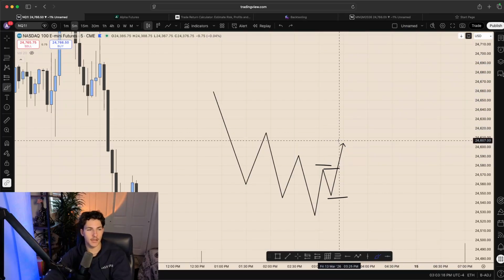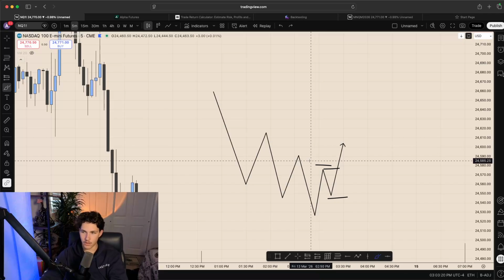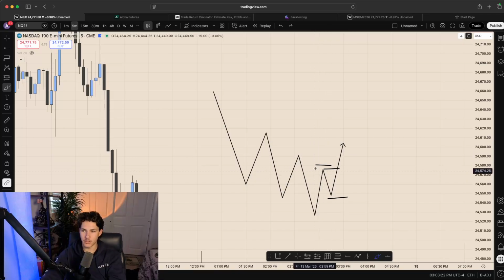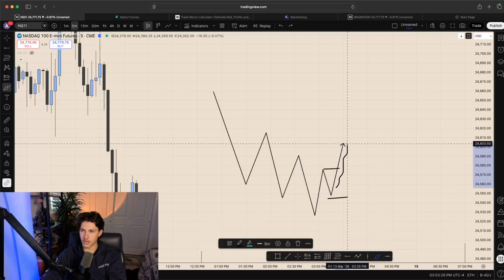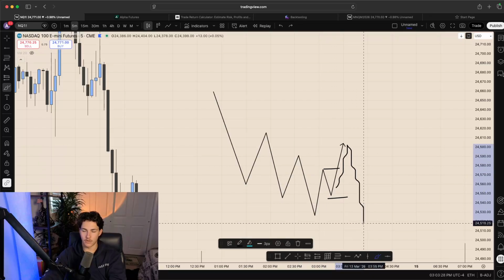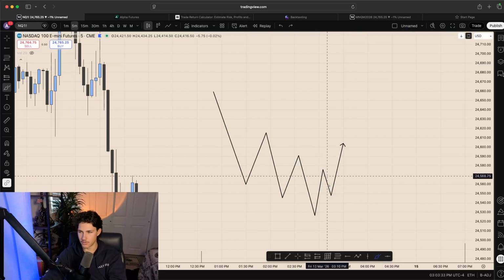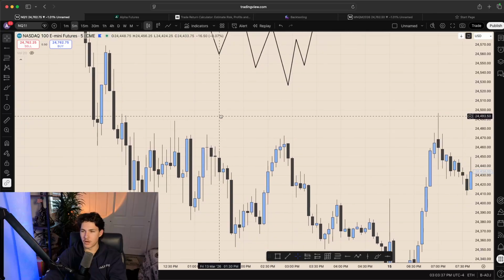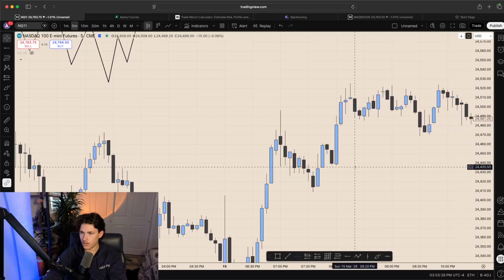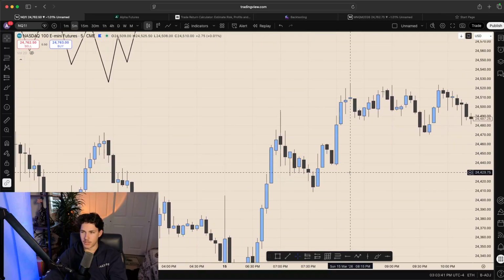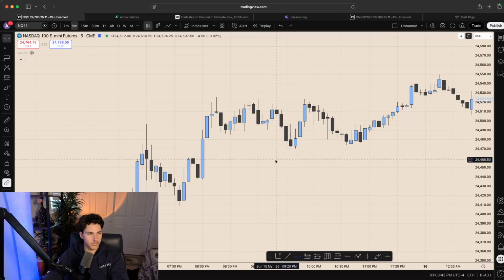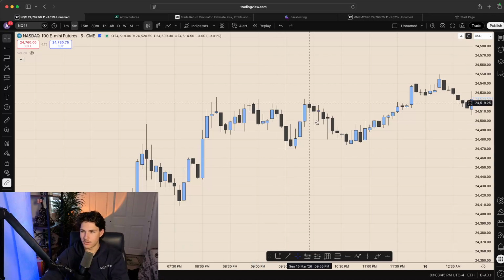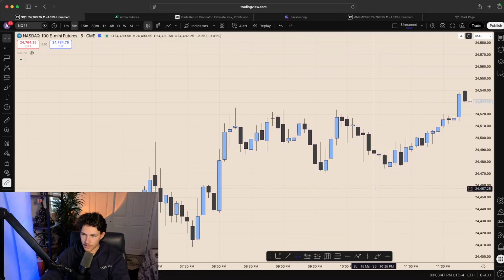But if this is a liquidity sweep on a lower time frame, then what are we going to be doing? Well, we're going to be breaking up and then breaking back down, which is completely fine. And that is why we're patient with day trading, because the second you see a green candle go up above a high, it might not actually be a complete break of structure and turning around, and, oh my God, the world's ending.